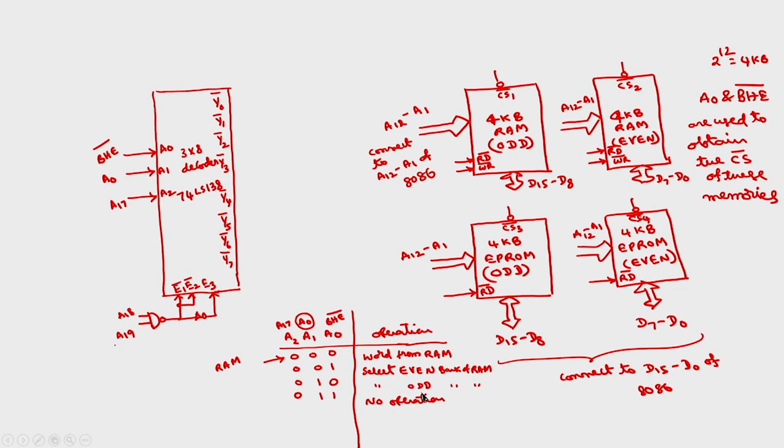Okay. And if I take this, 4 will be for RAM. Now, the next 4 will be for EPROM: 1, 0, 0, 1, 0, 1, 1, 1, 0, 1, 1, 1. These are all for EPROM.